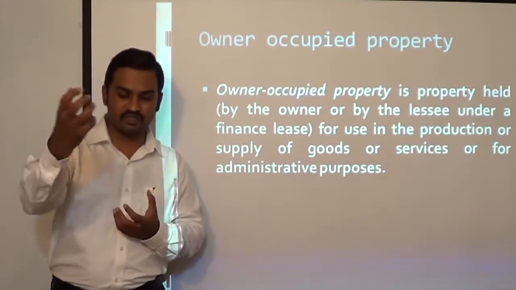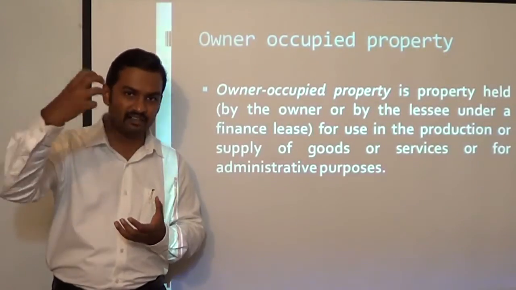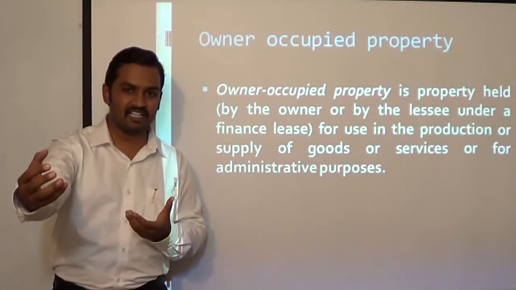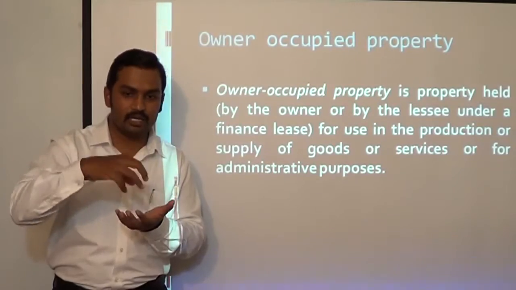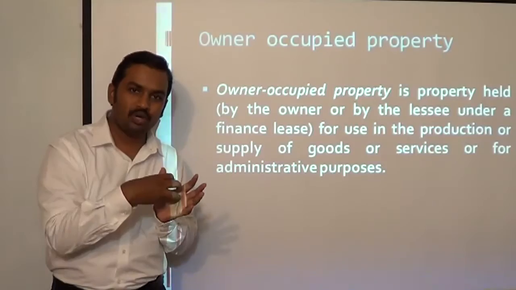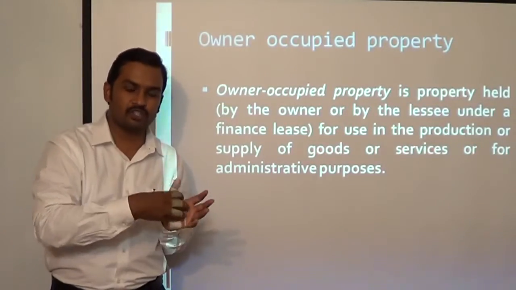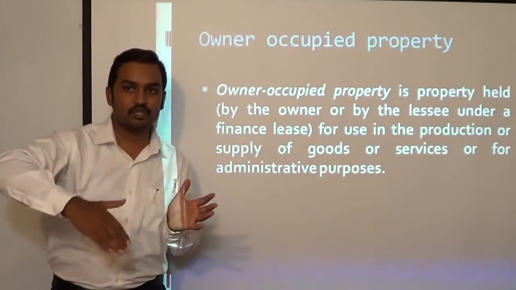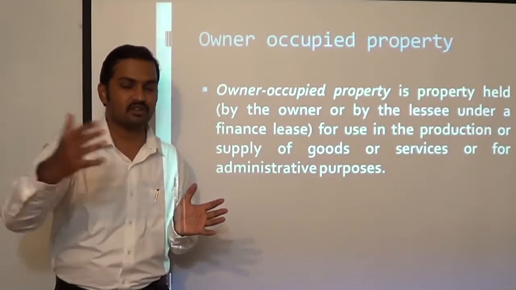So if you have taken land or building under a finance lease, if you are the lessee, based on Ind AS 17, the lessee is entitled to show the land or building as an asset in his books. The lessor has to de-recognize the asset from his books of account, and he has to only recognize receivables in the place of the asset.